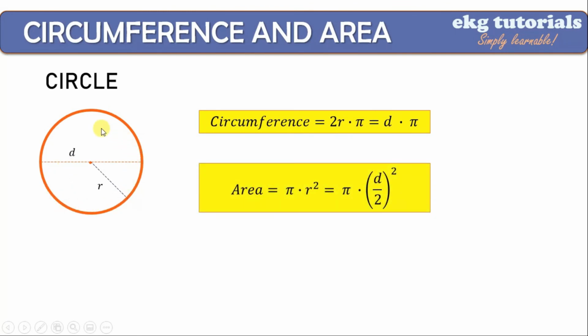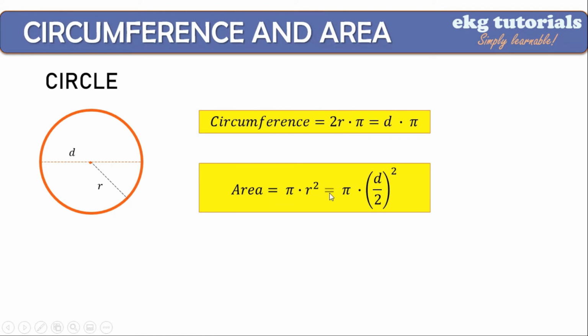Now, for the area of this circle is actually equal to pi times radius squared. Nalaman natin kanina na dalawang radius is diameter. Meaning pala, pag kinuha ko yung kalahati ng diameter, I will have also the radius.